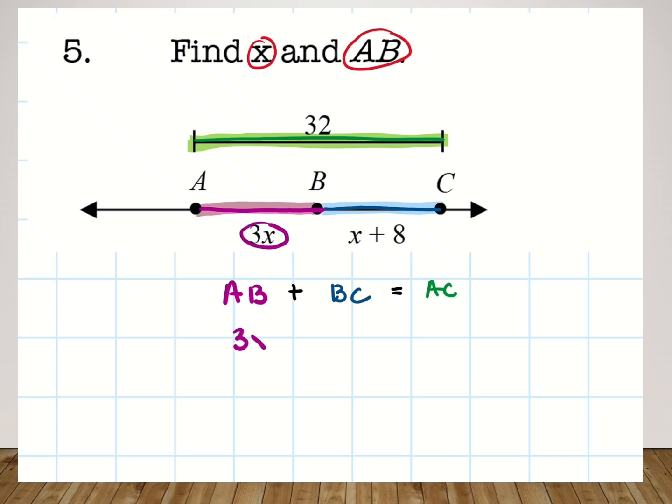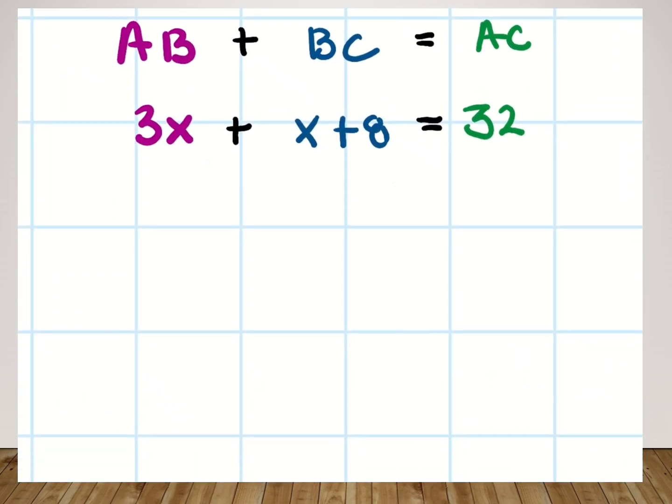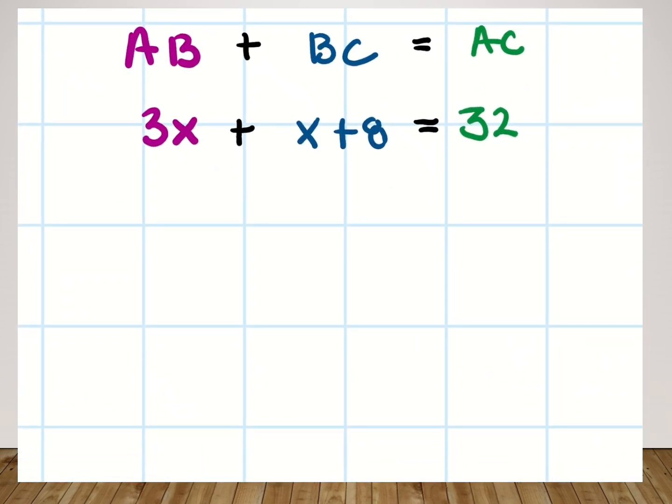And we go in and replace our segments with the given lengths. So AB is 3x, BC is x plus 8, and it's going to equal the length of the entire segment, which is 32 in this case. Okay, so then we get a multi-step equation.